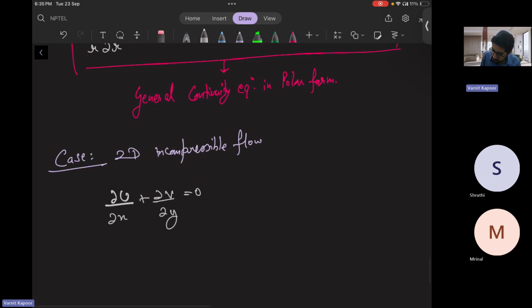Similarly in polar coordinates it will be dou r vr by dou r plus dou v theta by r d theta equal to 0.